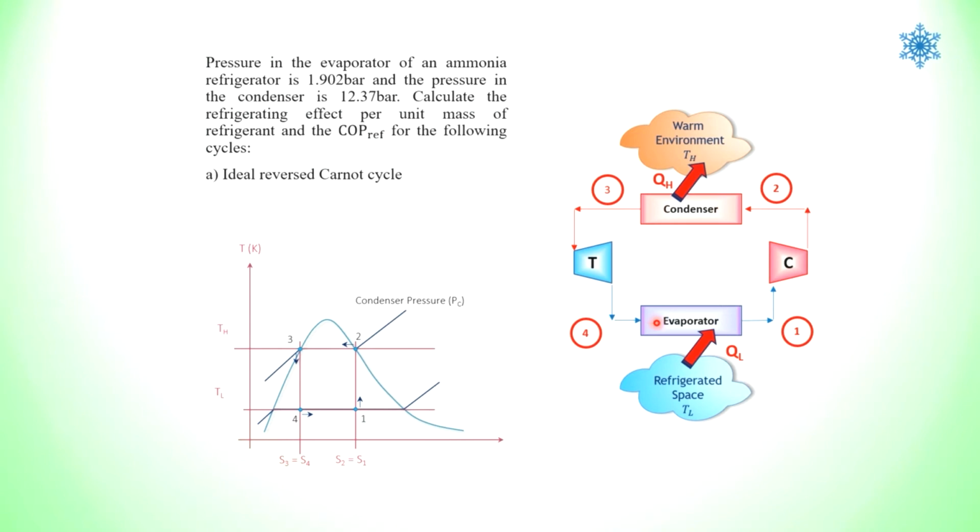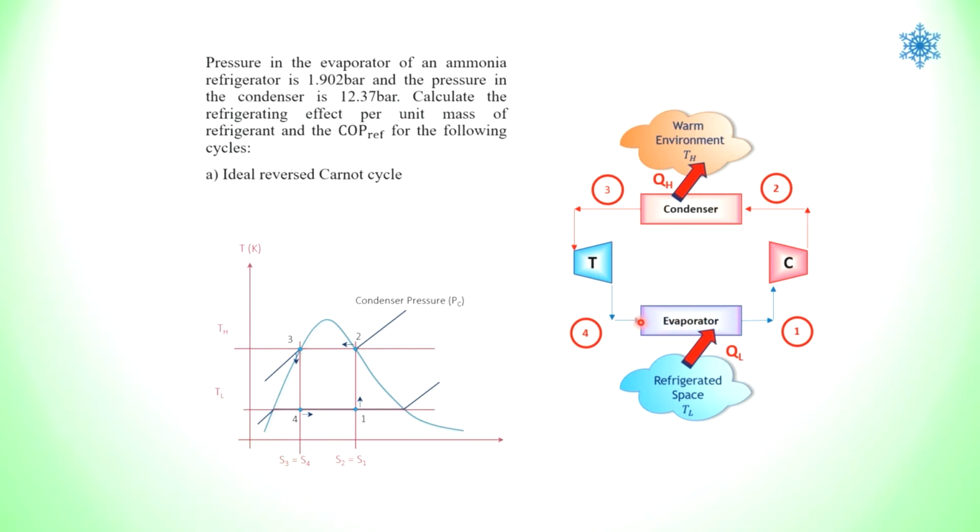Then it goes to the evaporator where it undergoes constant pressure heat absorption. Within the evaporator, the refrigerant changes from less vapor to more vapor, so there is a change in phase taking place while heat is being absorbed.